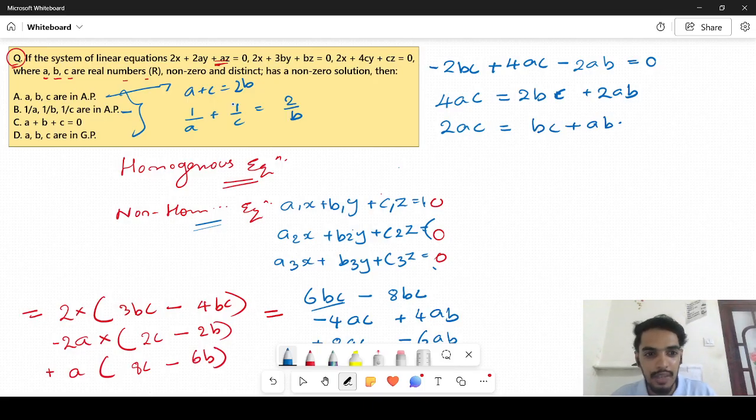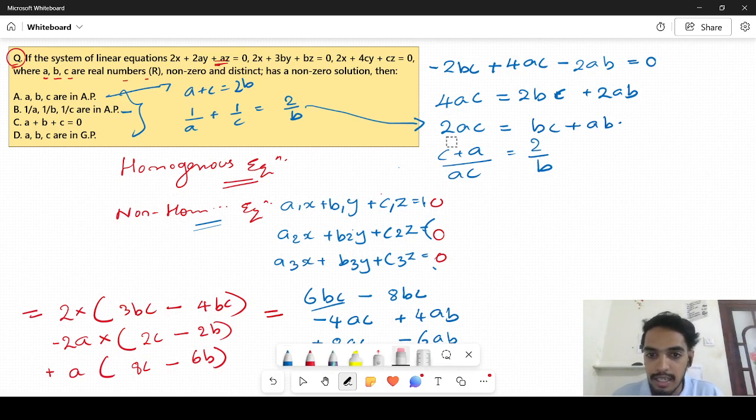We can relate here. If we cross multiply, what are we going to get? C plus A divided by AC is equal to 2 by B. Wow, now the answer is correct, right? Or you can divide the equation by ABC.